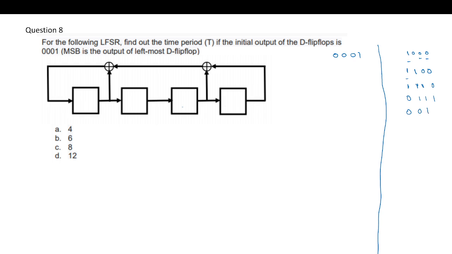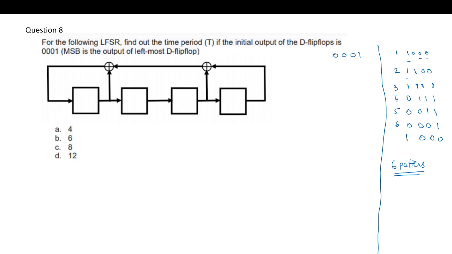So 0 0 1 1. Next, 1 and 1 is 0, which gives 0 0 0 1. Next one, here 1, here 0, so it's a 1. Then 0 0 0. So it's 1, 2, 3, 4, 5, 6. So a total of 6 patterns. After that, it is repeating.